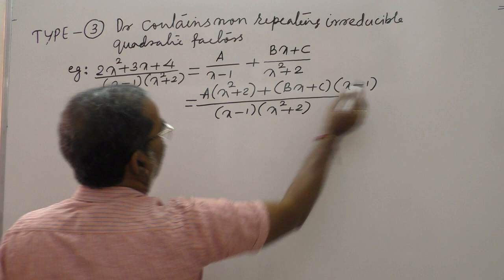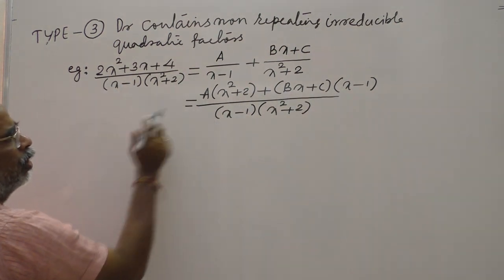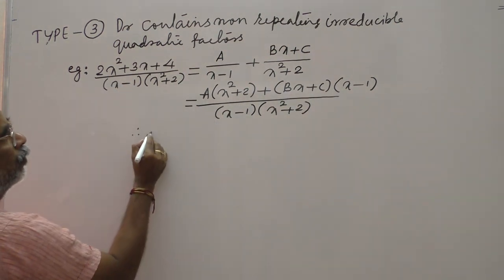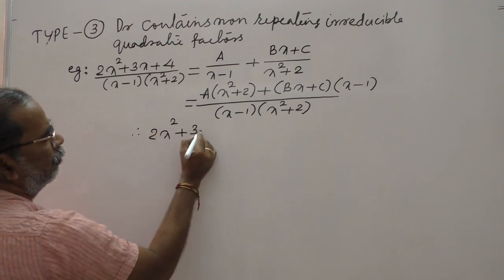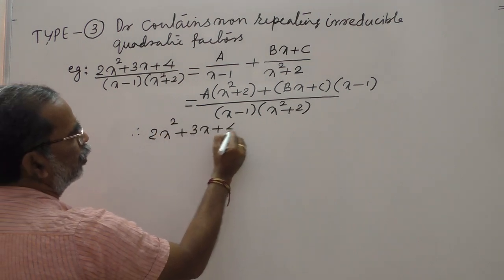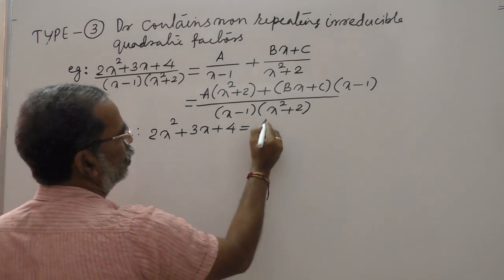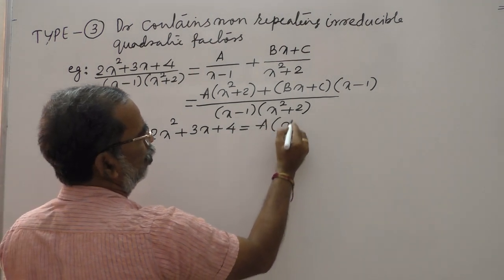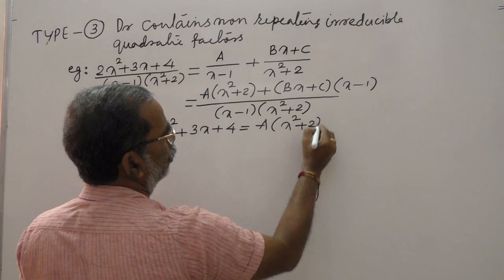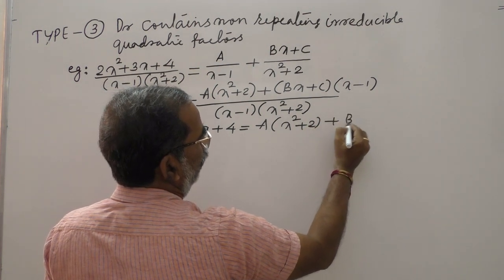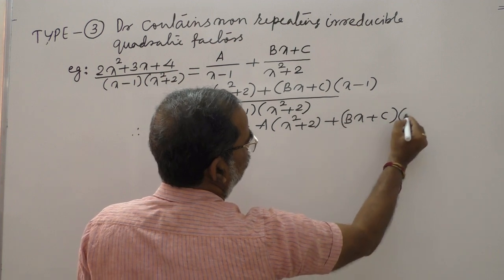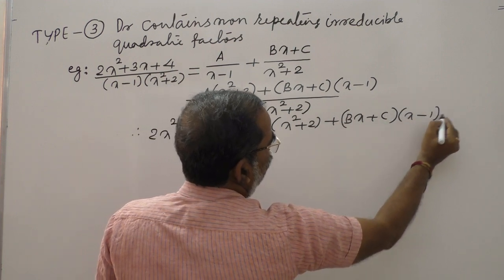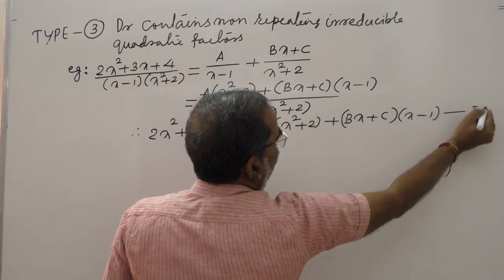Now these two fractions are equal, their denominators are equal, therefore the numerators must be equal. If I equate numerators, this is equal to A into x square plus 2 plus bx plus c into x minus 1. This is equation Roman 1.